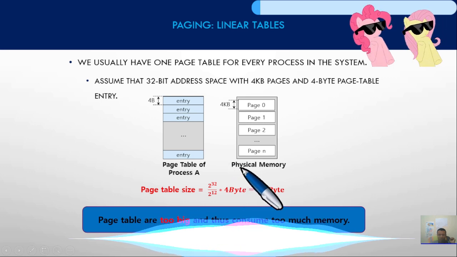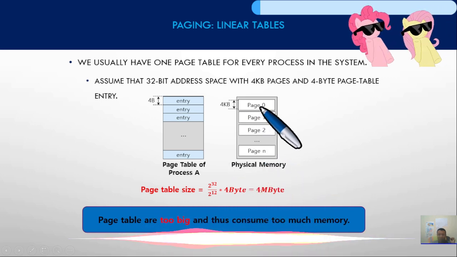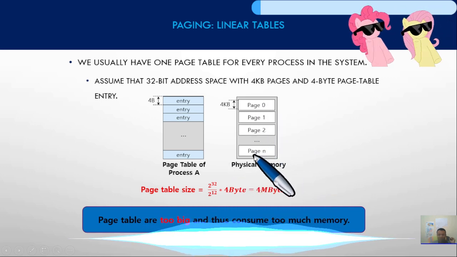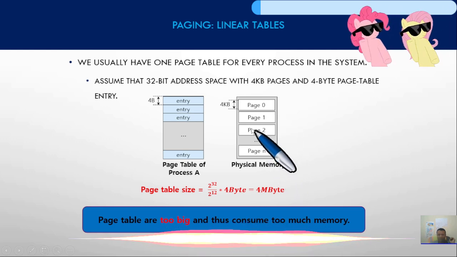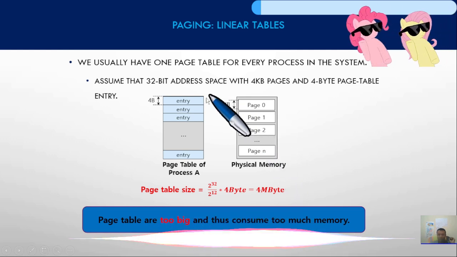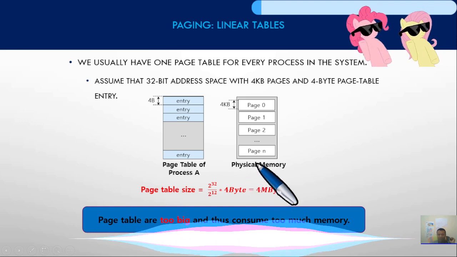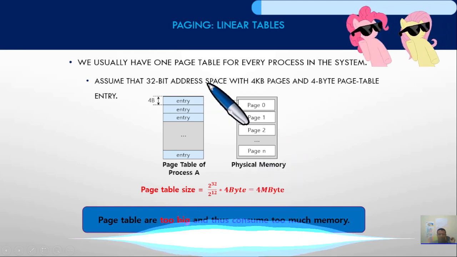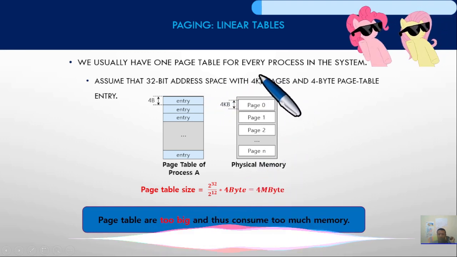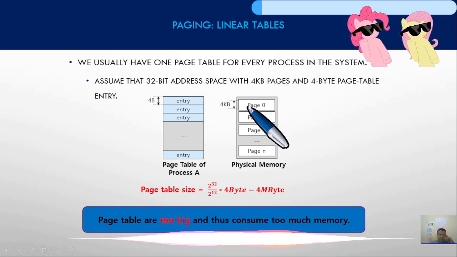As you can see in the physical memory, this is page 0, page 1, page 2, until page N, and each is 4 kilobytes. So the address space is 4 kilobyte pages.